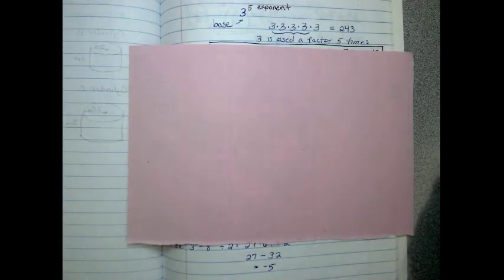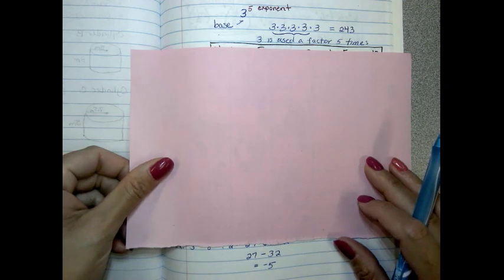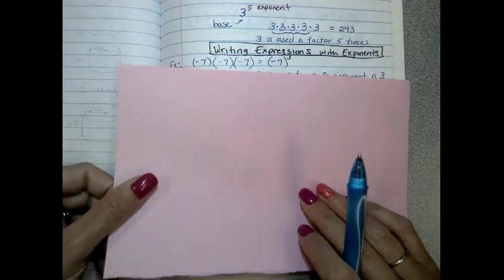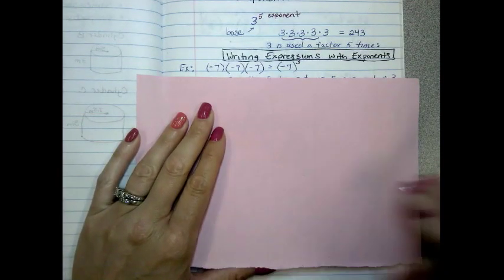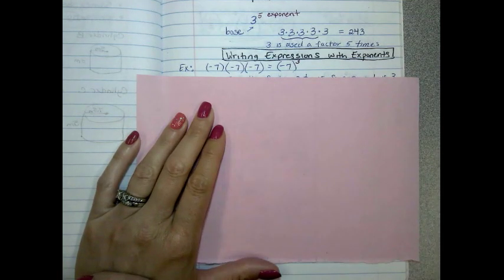There are some rules that you have to keep in mind when you're working with exponents, and we'll get to those starting in 10.2. But first, let's take a look at writing expressions with exponents. It's basically the reverse of what we were doing earlier.